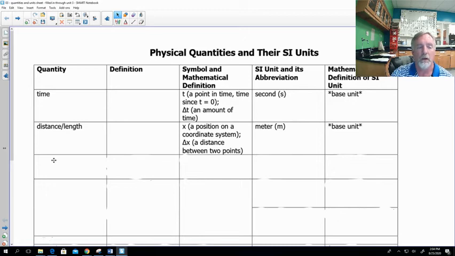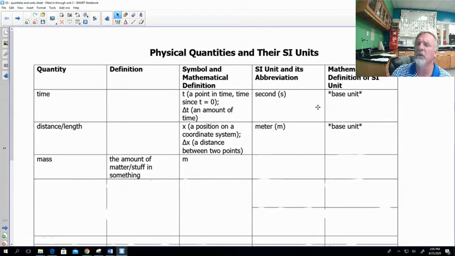Next thing I want to talk about is mass. Mass is the amount of stuff that something has. We didn't talk about that in chemistry way back, but that was over a year ago. What's our symbol that we use in our calculations for mass? That's going to be m. So I want to be careful. Our algebraic symbol for mass is m, but m is also our abbreviation for meters.